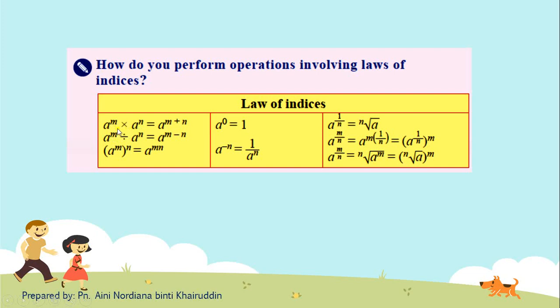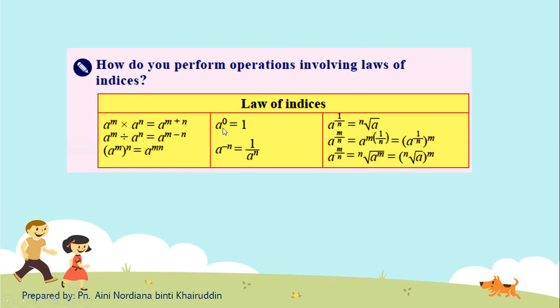If you have multiplication, with the same base, we just add the indices. a to the power of m divided by a to the power of n equals a to the power of m minus n. If you have a power raised to a power, a to the power of m, to the power of n, equals a to the power of m times n.